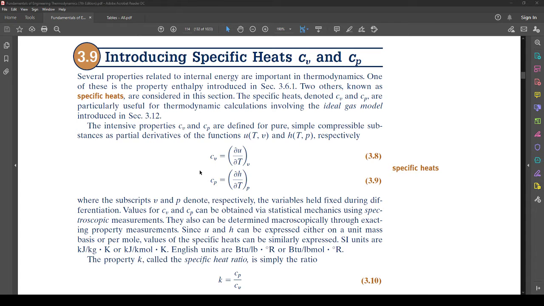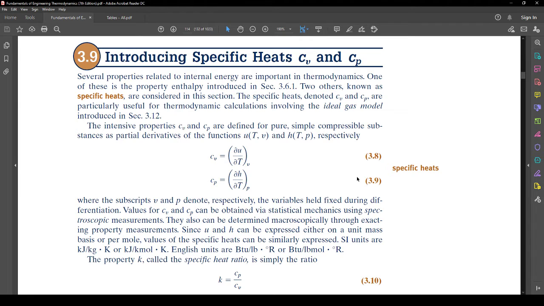It says the intensive properties C sub V and C sub P are defined for pure, simple, compressible substances as partial derivatives of the functions U as a function of temperature and specific volume, and H as a function of temperature and pressure, okay? So, right here, C sub V is du dT with respect to v, and then C sub P is dh dT with respect to p, right?